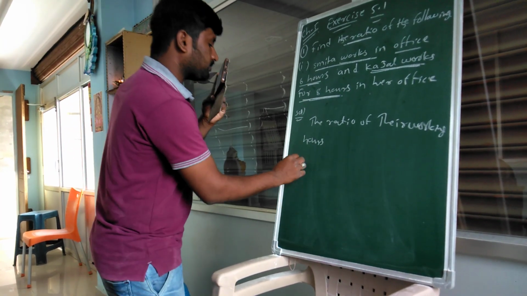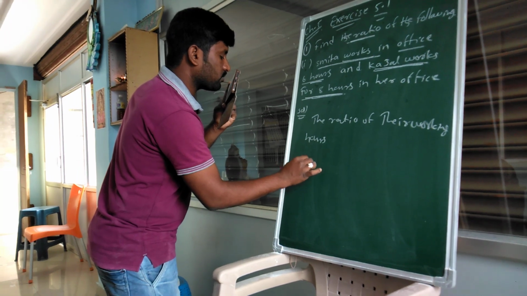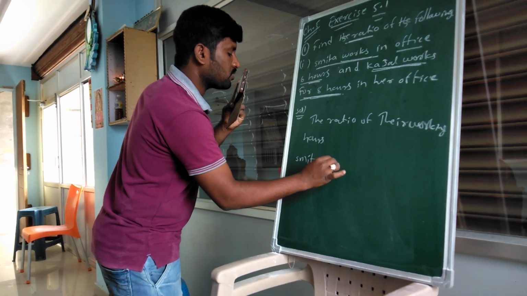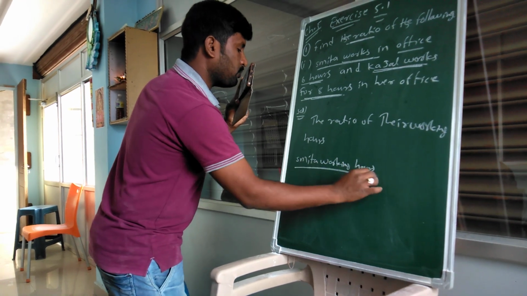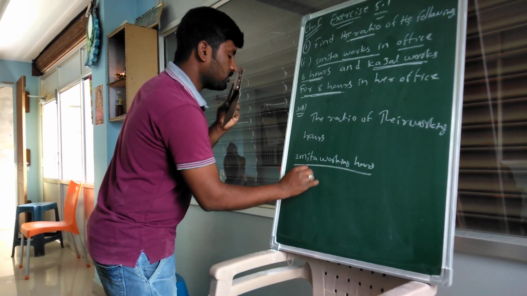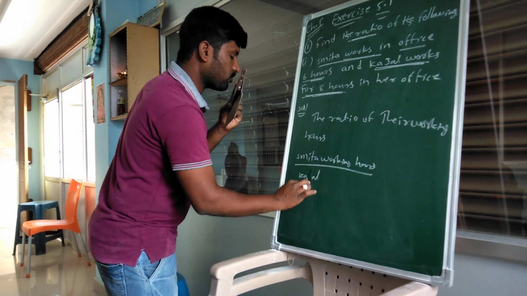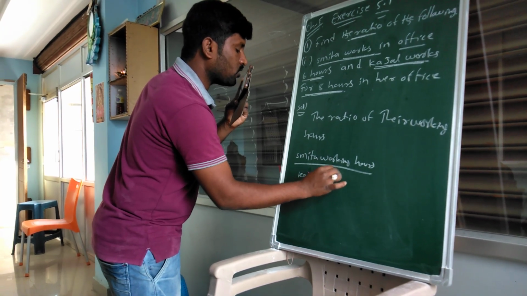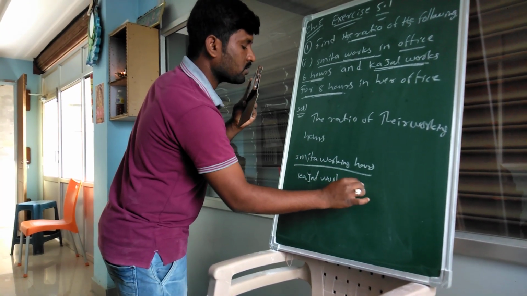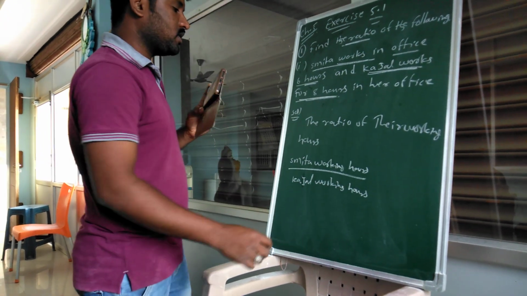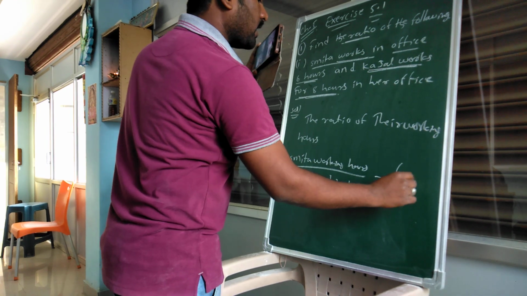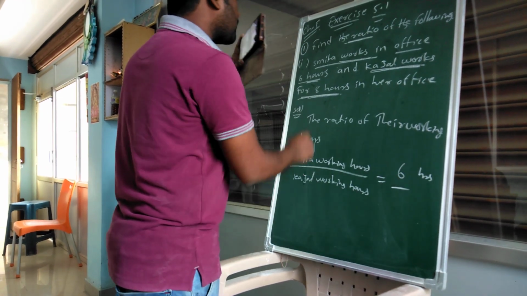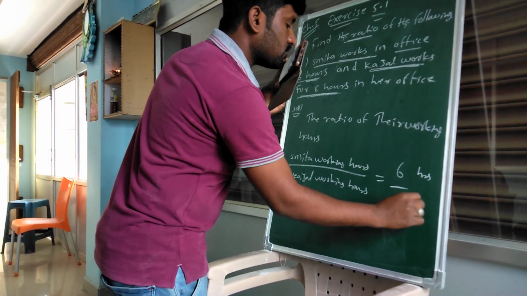That is Smita working hours by Kajal working hours. Smita working hours 6 hours. Kajal working hours 8 hours.